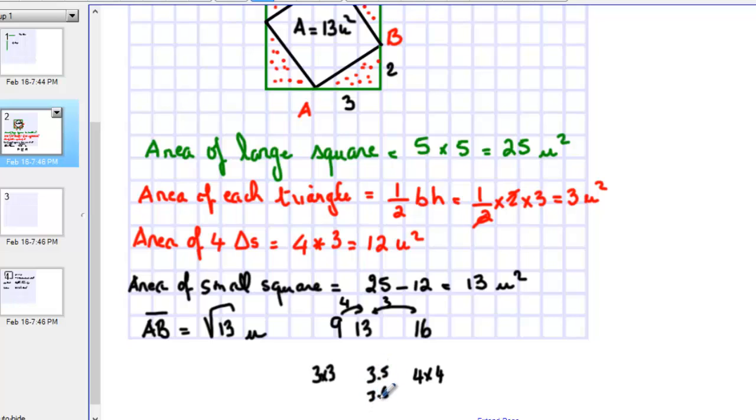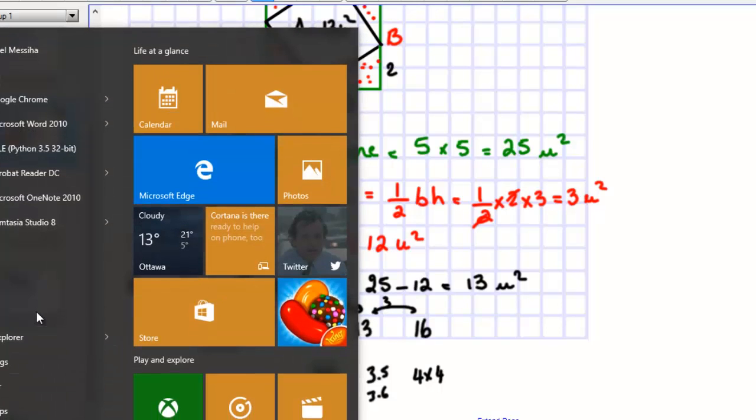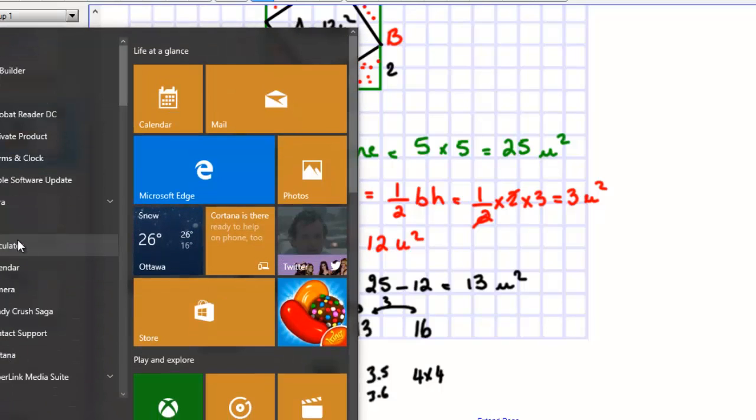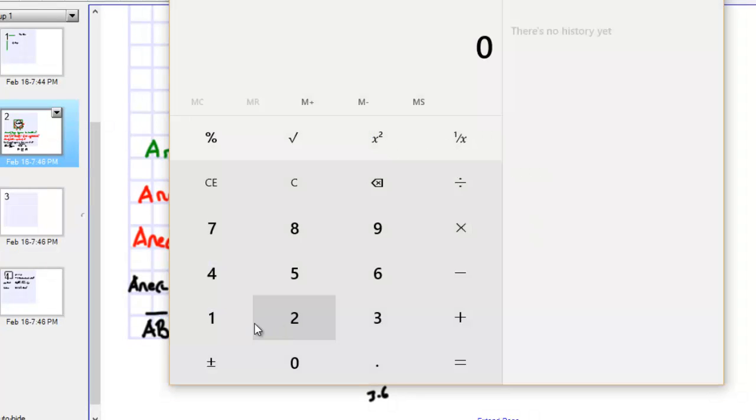approximately that number. But I don't have to find this number. All I need to know is square root of 13. If I have a calculator, I can use it and ask, what is the square root of 13? So let's check the calculator. I have 13.